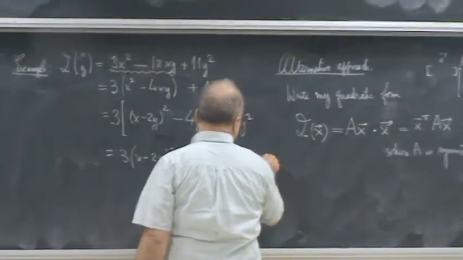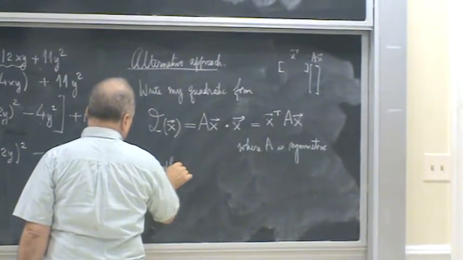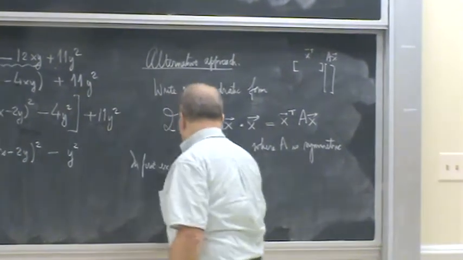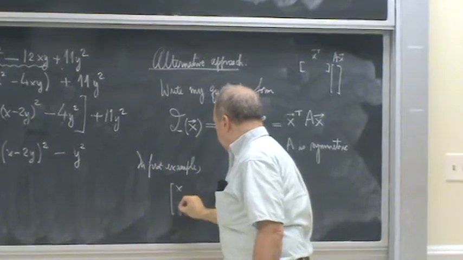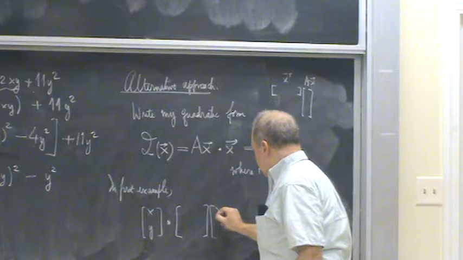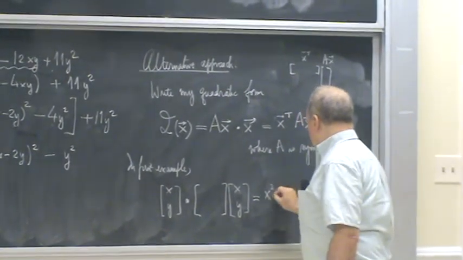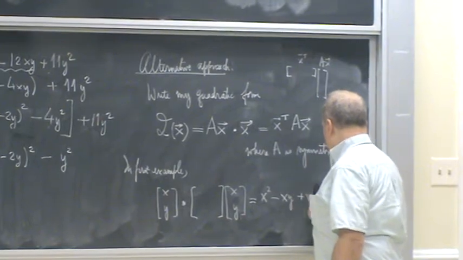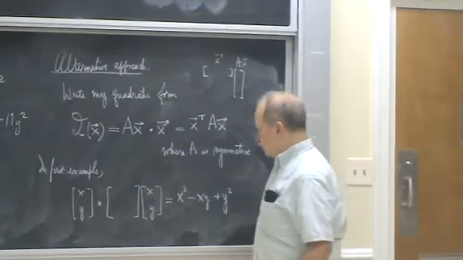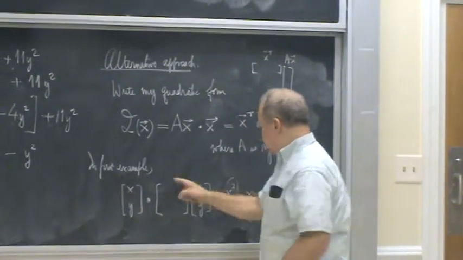So in the first example, I want to think about taking x y and dotting it with mystery matrix times x y and getting x squared minus xy plus y squared. So let's think about that. How am I going to get x squared from this?